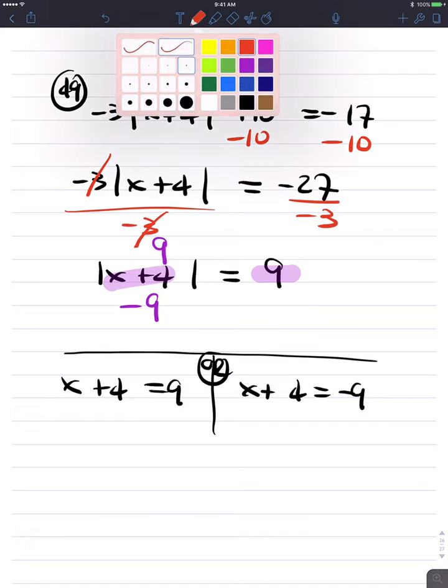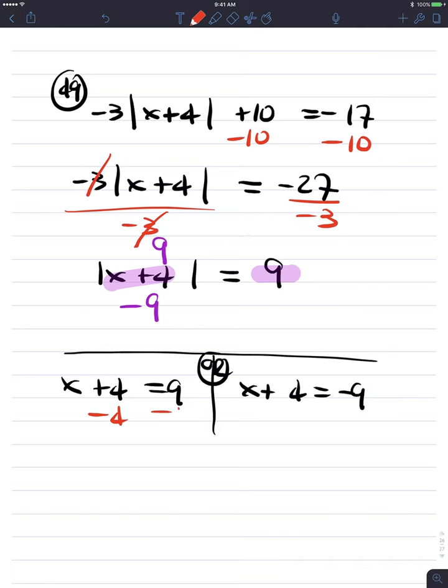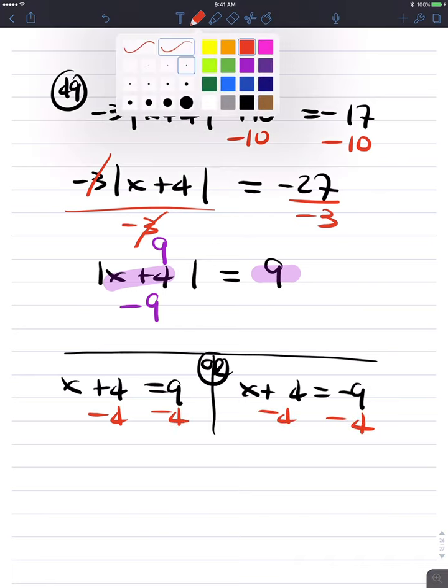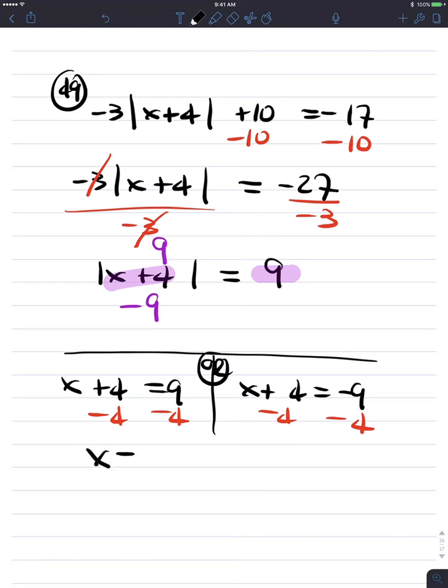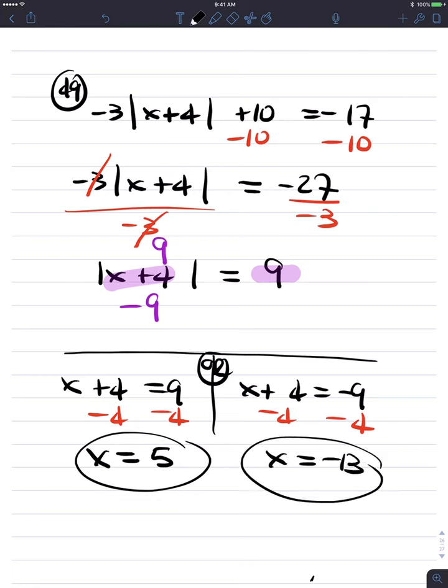Solve this for x. Subtract 4 from both sides, and you end up with x being 9 minus 4, which is 5, x being negative 9 minus 4, which is negative 13. So two solutions, 5 comma negative 13.